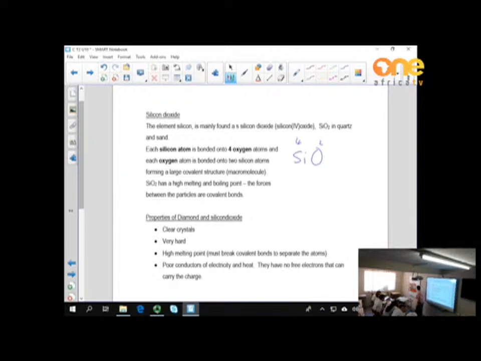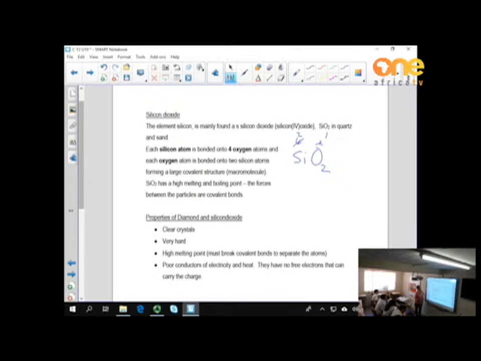Where do we find silicon? Below carbon, how many bonding places? 4. Alright? So, yes, in its simplest form, 2 to 1. So SiO2 is the formula for silicon dioxide. It's found in quartz and sand.